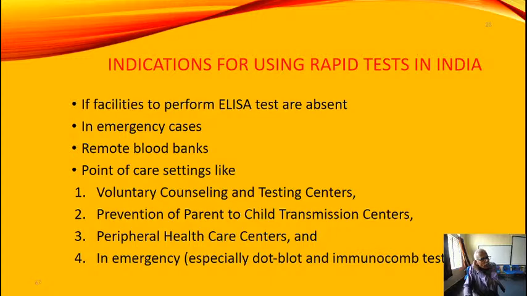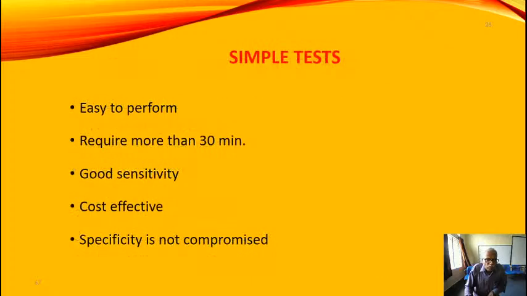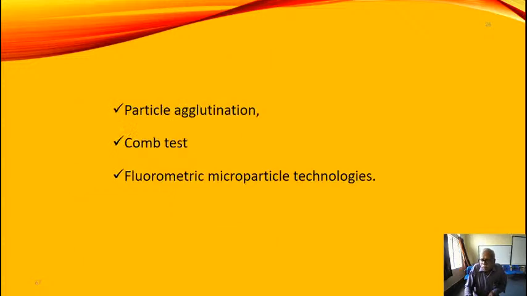Suppose in camps, you can get results immediately, in camps or blood banks or even STD clinics, even antenatal OPs also. They are very easy to perform and the duration is just within 20 minutes. Results are ready and cost effective. Though it is a little expensive than ELISA, it is very sensitive, very specific.